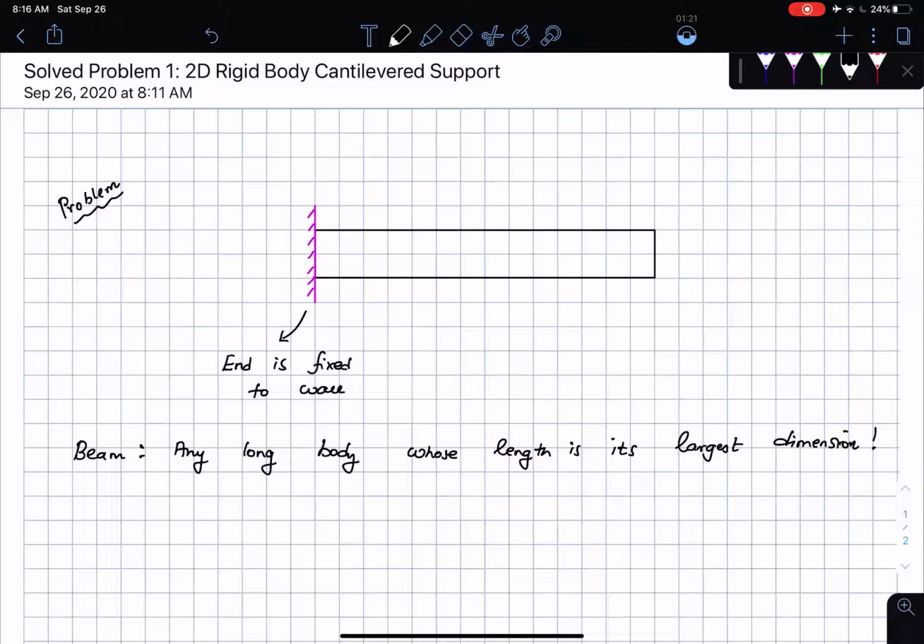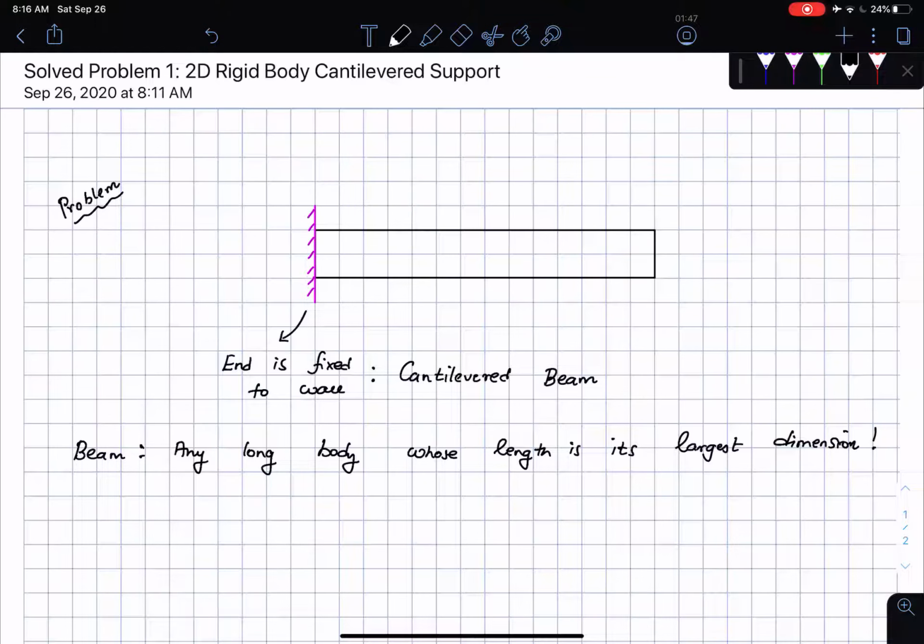An airplane can be thought of as a beam, or you can think of your pen that you're writing with as a beam of some kind. A cantilevered beam is what you're seeing here. Cantilevered meaning it is fixed to the wall.